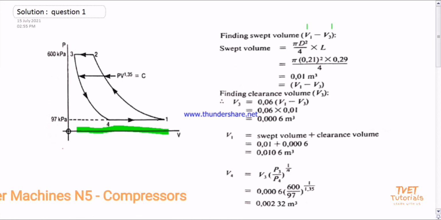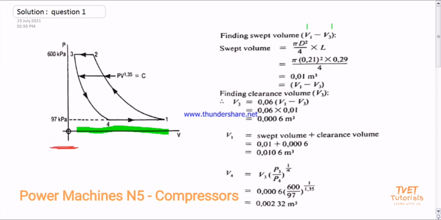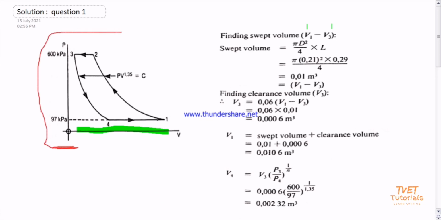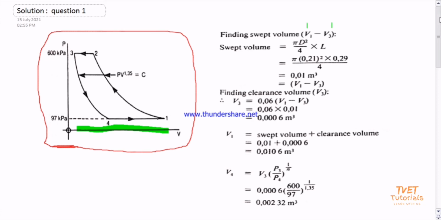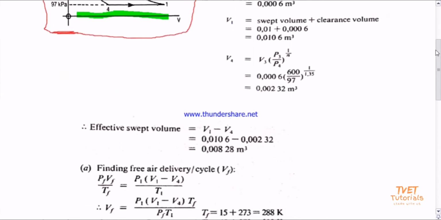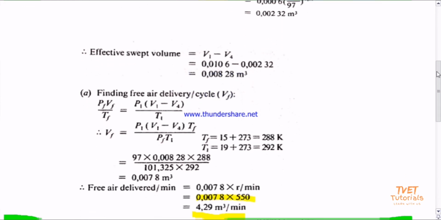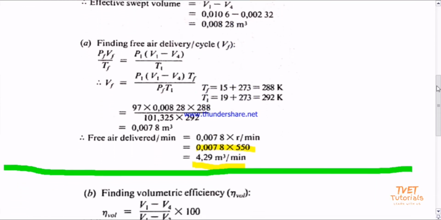Remember, one important thing to do, always draw the diagram. Always start with the diagram so that you can have a scenario of what is required of you, or what is the relationship between the conditions, the pressure and the volumes. Then you can easily approach the calculations with the understanding of the diagram.